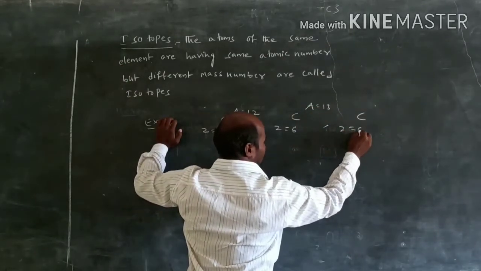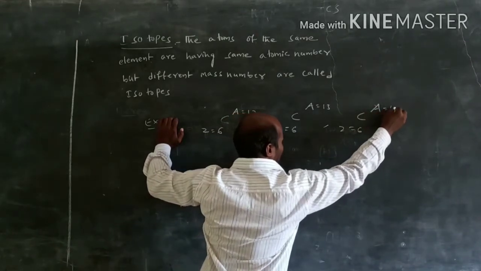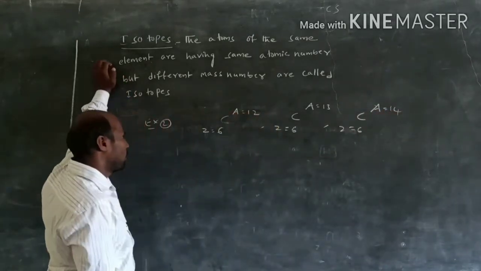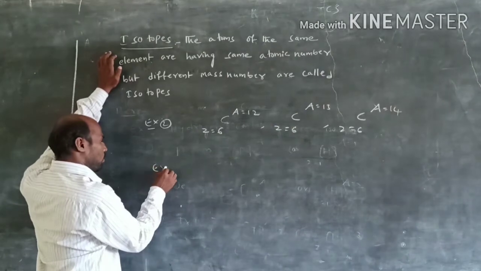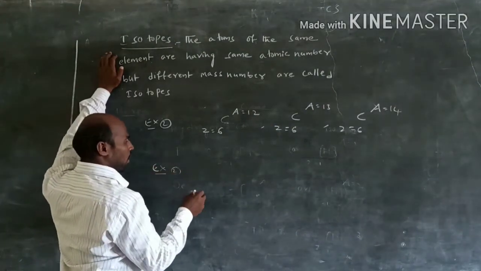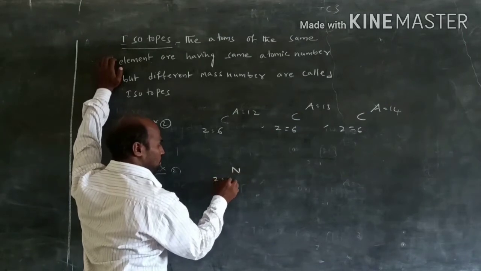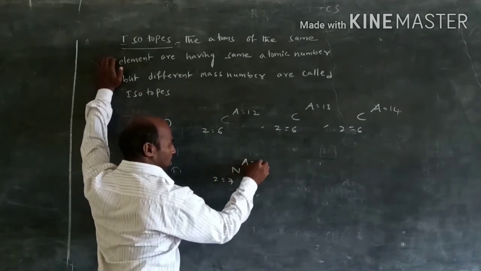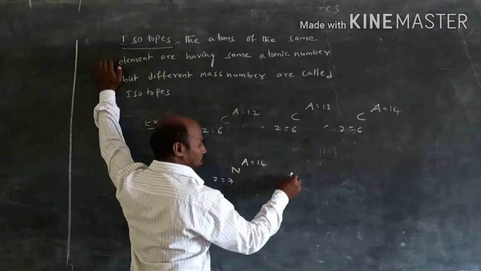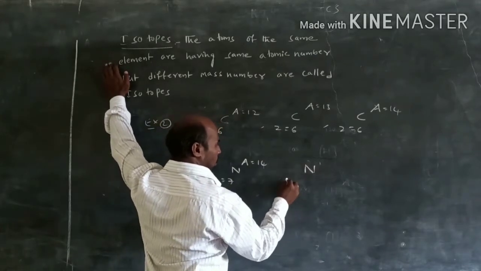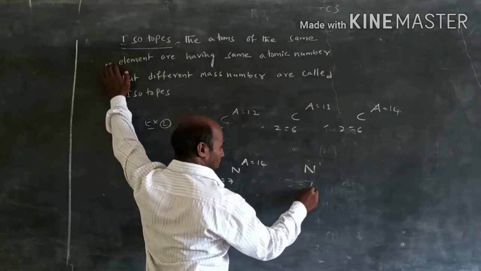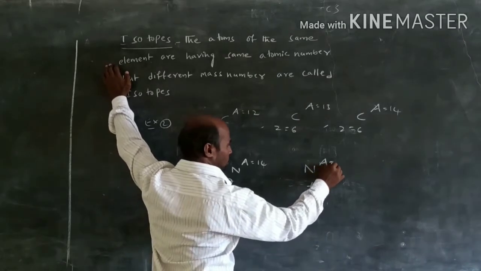Atomic number Z is equal to 6, mass number A is equal to 14. Next, nitrogen containing 2 isotopes. Nitrogen atomic number Z is equal to 7, mass number A is equal to 14. Nitrogen atomic number Z is equal to 7, mass number A is equal to 15.